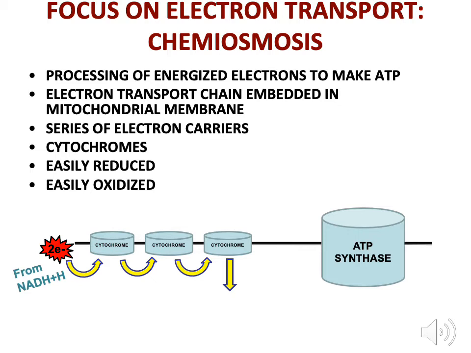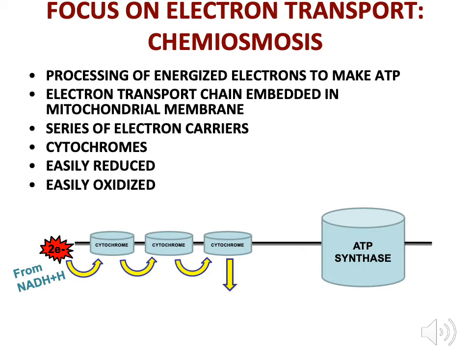So off to the right-hand side in big capital letters, I want you to write down mitochondrion. Electron transport occurs in the mitochondrion. So if I'm looking in the cell and I want to know where this processing of NADH plus H happens, it happens in the mitochondrion. And this is what it looks like.